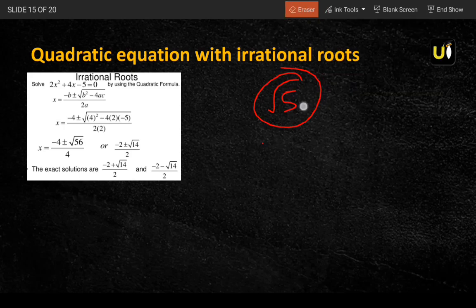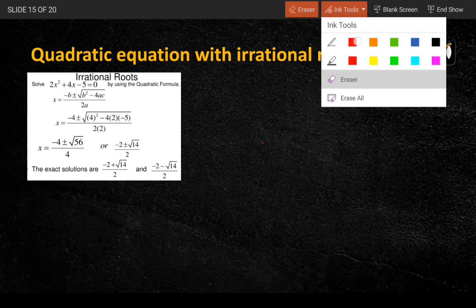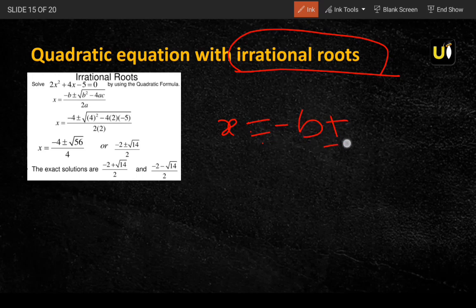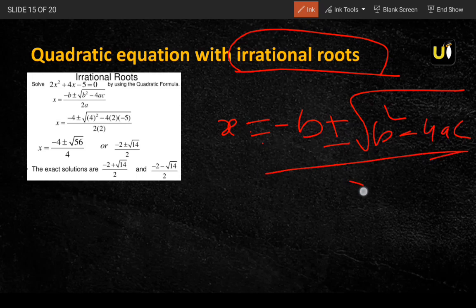In such cases, if we are having an irrational root, then we have a quadratic formula to find the roots of such quadratic equations. That means the quadratic equations with irrational roots. So the formula is minus b plus or minus root over b square minus 4ac by 2a. So what are these a, b and c?